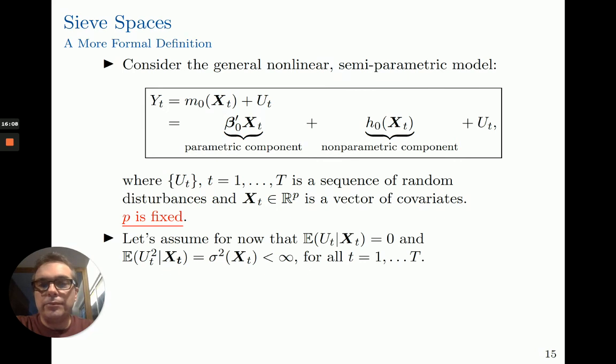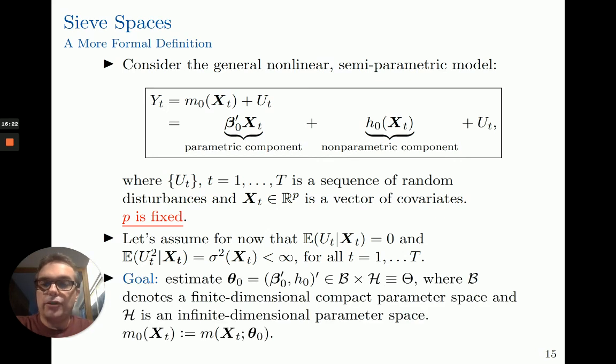And let's assume that the conditional expectation of u on x is 0, and the conditional variance does not need to be constant, but it's finite. So our goal is to estimate this vector of parameters theta naught that consists of a finite dimensional term, that's beta naught, and an infinite dimensional parameter, that's h naught, this nonlinear function.